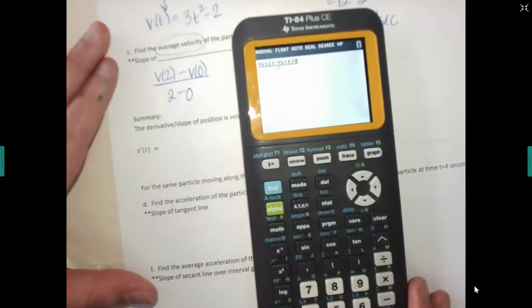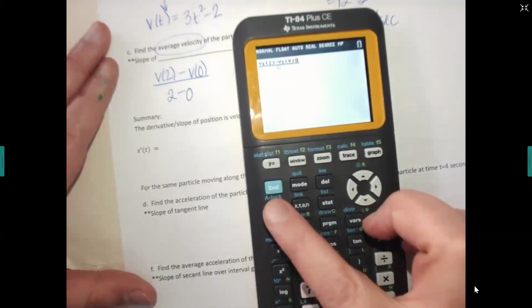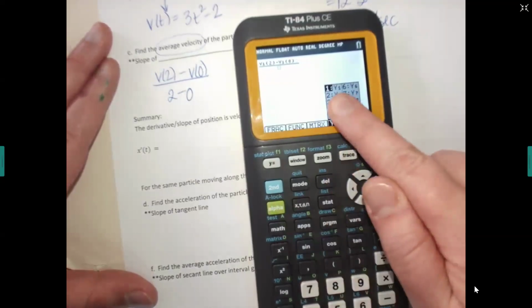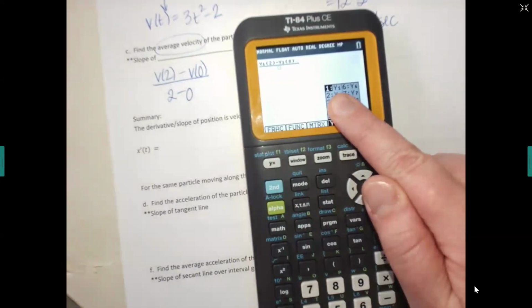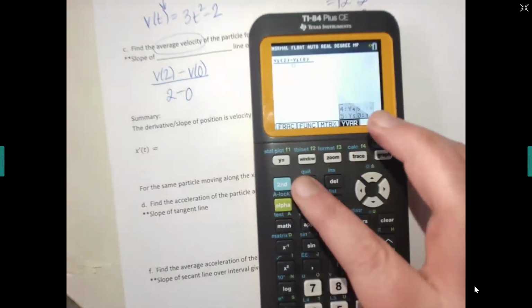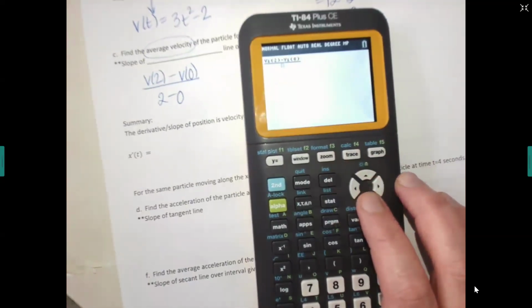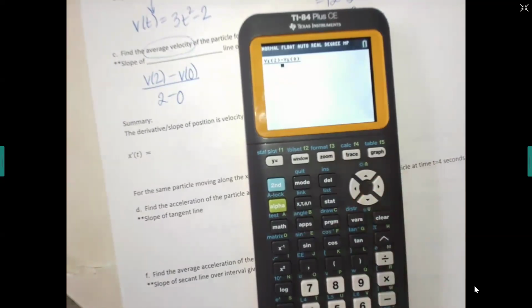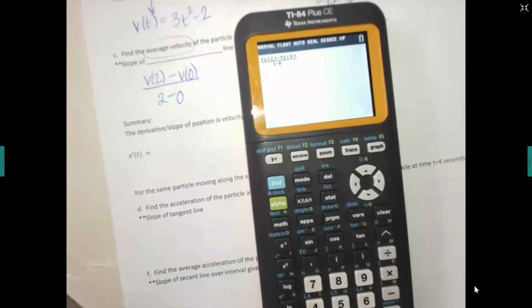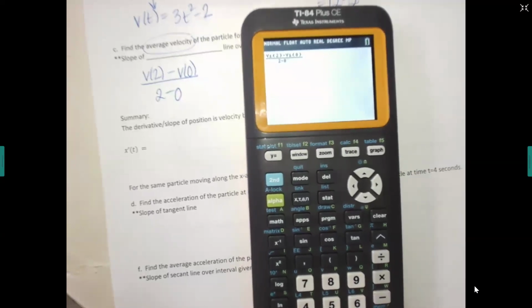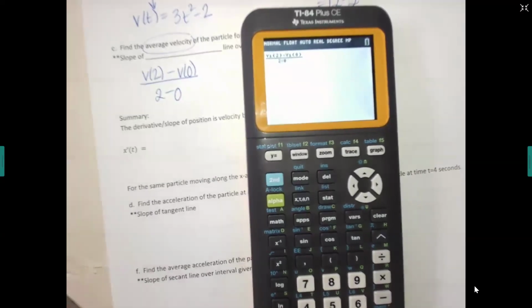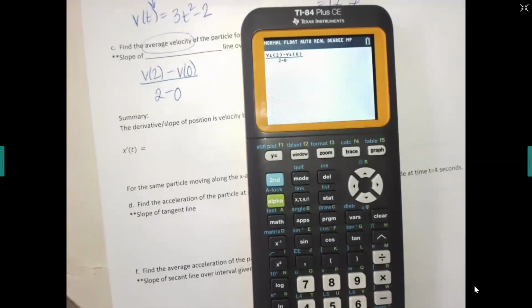To get the y1, you'll hit alpha trace, and then you'll pick the y1 option, because that's where you typed your equation, under y1. So it's y1 at 2 minus y1 at 0, and you're putting the parentheses there yourself. Okay, and then over 2 minus 0. Alpha trace pulls up your y1.